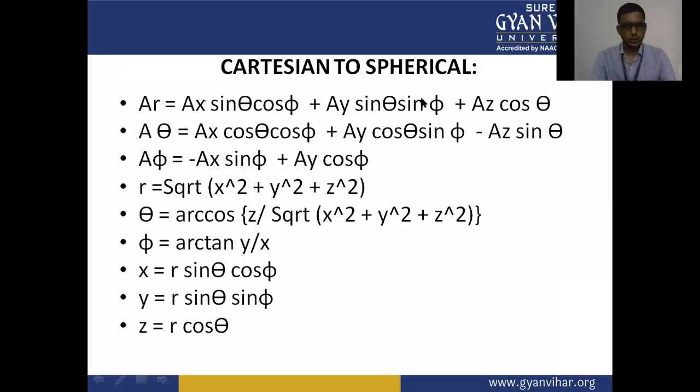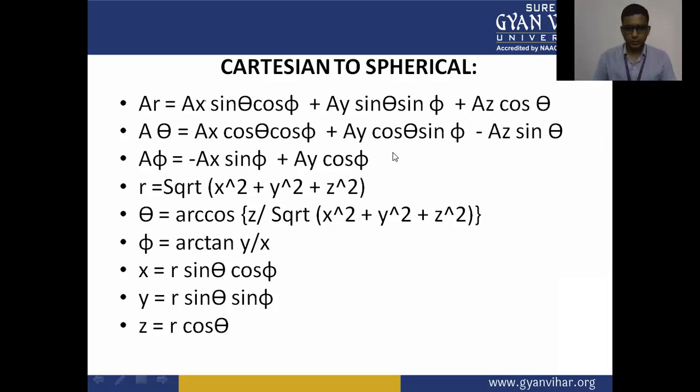Now moving to the spherical coordinate representation, or Cartesian to the spherical coordinate system. Ar is defined as a vector, that is Ax sin theta cos phi plus Ay sin theta sin phi plus Az cos theta. A theta is defined as Ax cos theta cos phi plus Ay cos theta sin phi minus Az sin theta.